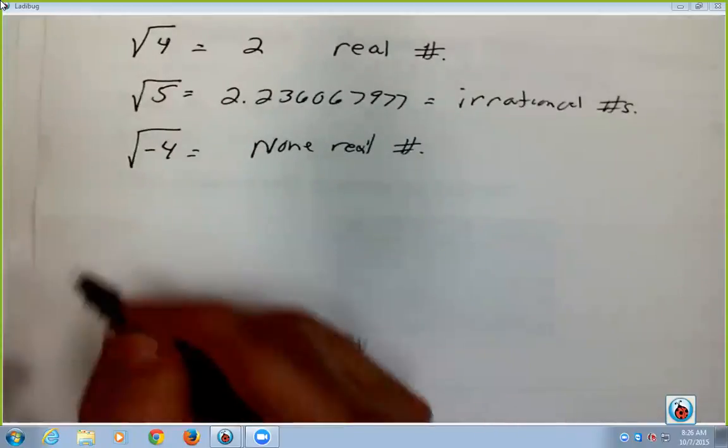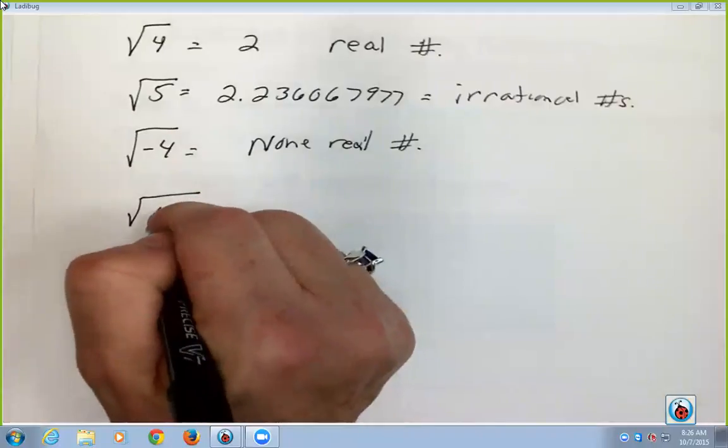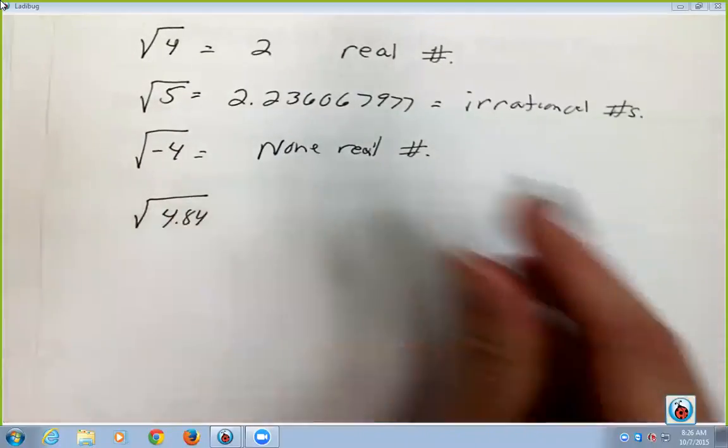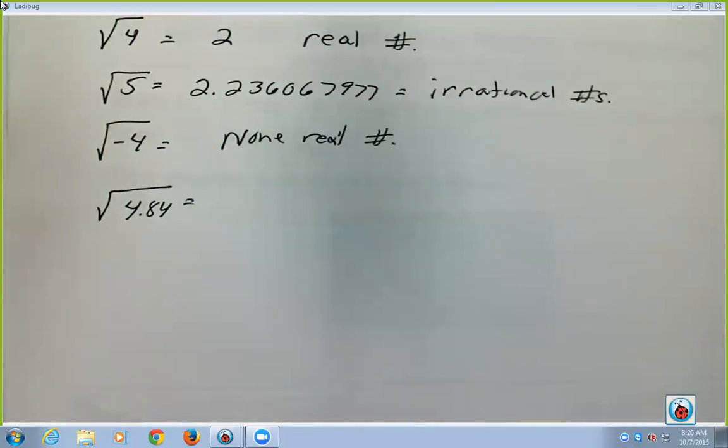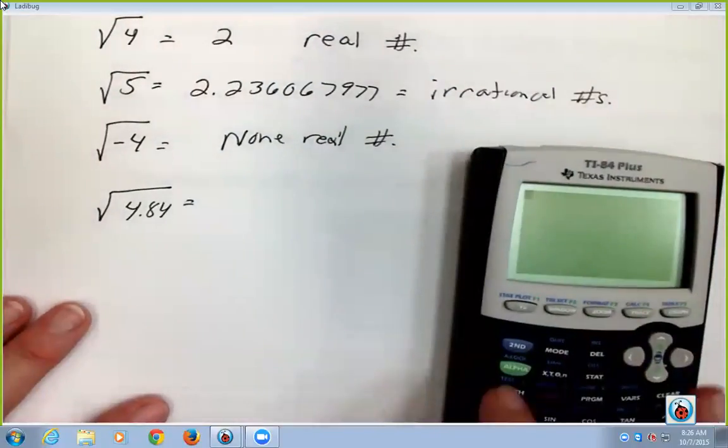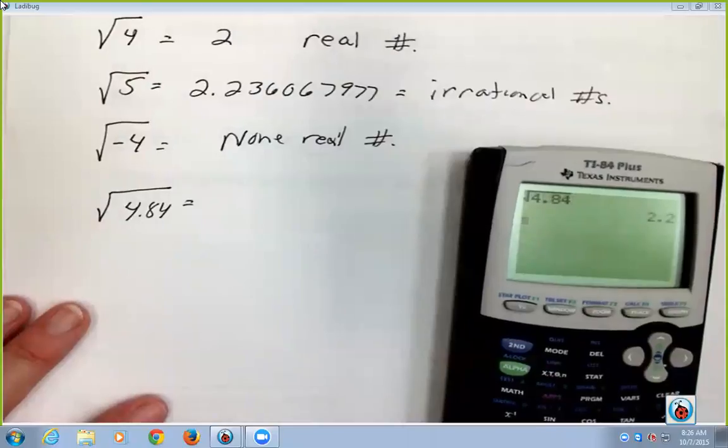If they were to give you the square root of 4.84 and ask you to solve it, and I put that on my calculator, so I go second function, square root, and put 4.84 on my calculator, I end up with an answer of 2.2.